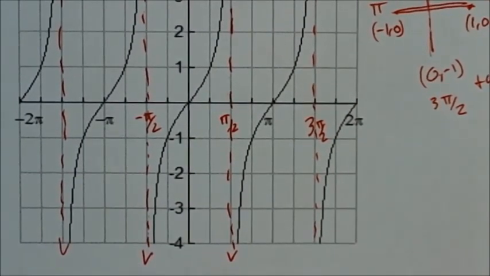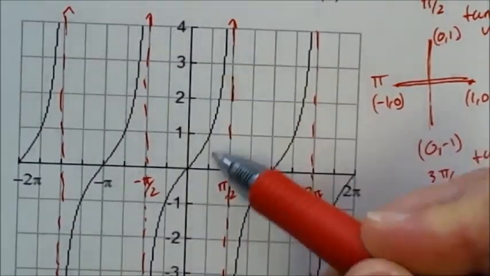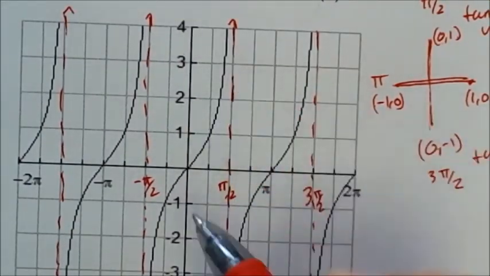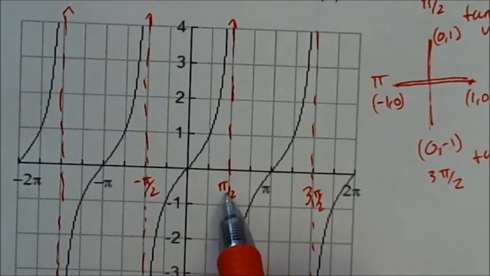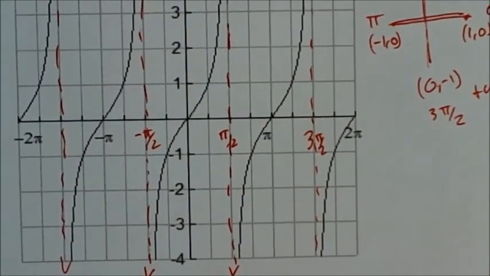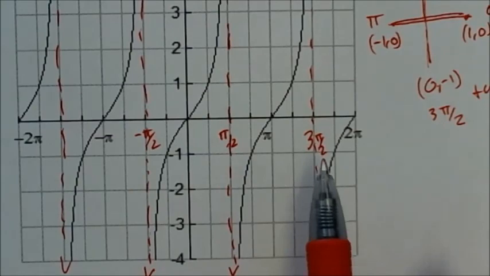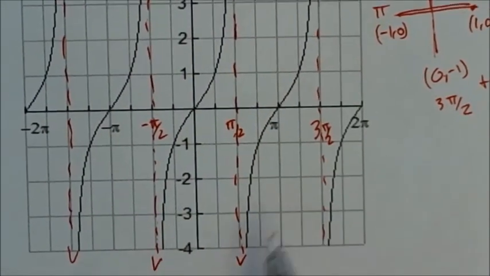The interval or the period for one complete tangent graph, this would be considered one complete cycle of a tangent. This is from negative pi over 2 to pi over 2. That would be a length of pi units. Our domain is all real numbers except for these asymptotes, except for these values of x.